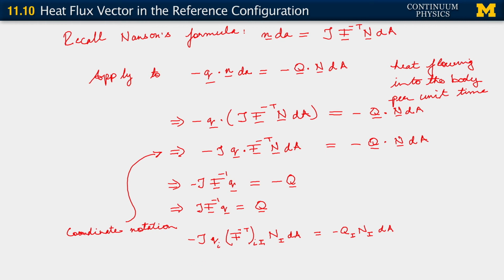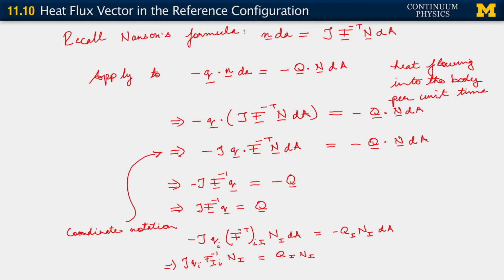And you remember how the transpose works, right? So what this tells us is q_i F inverse_(I i) N_I equals capital Q_I N_I. Okay, and I note now that I am missing a J on the left hand side here. Okay?